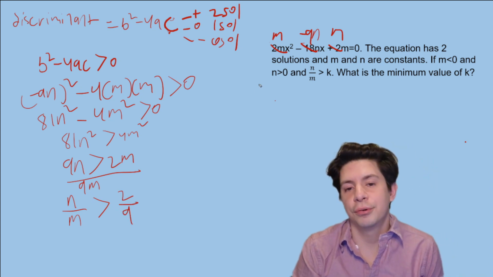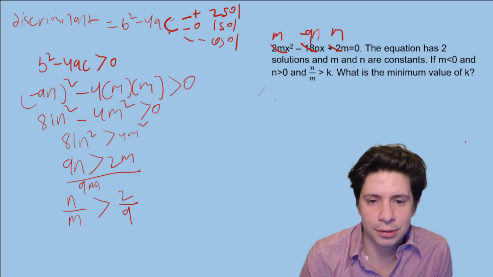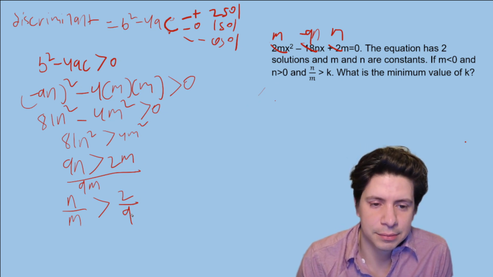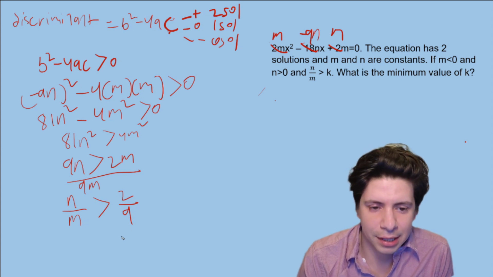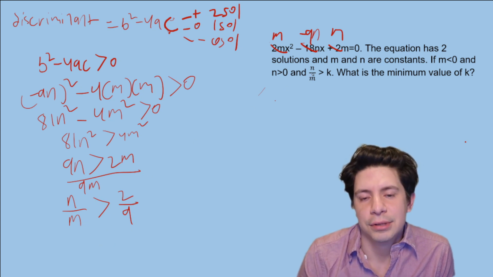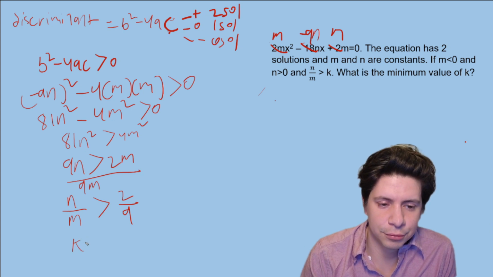But we were told that one of them is negative and one of them is positive. So even though when we square rooted, we got positives, we know it's going to be negative. So n over m is greater than negative 2 over 9. So that means it's greater than k. So k equals negative 2 over 9.